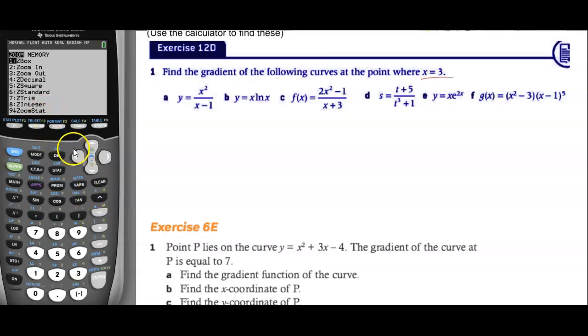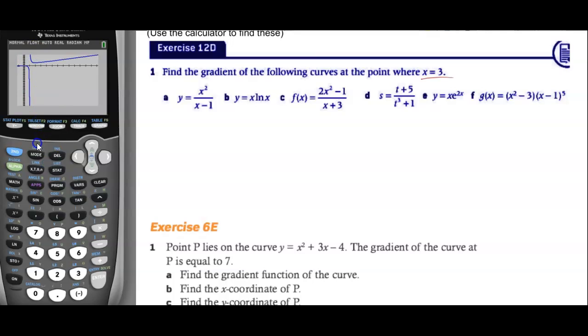I think it's 0, option 0. Okay, pretty weird function. We want to find the slope of this curve at x equals 3, probably around there.